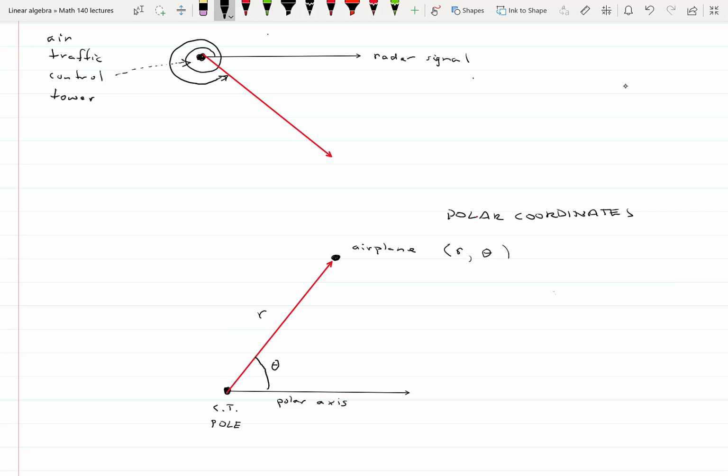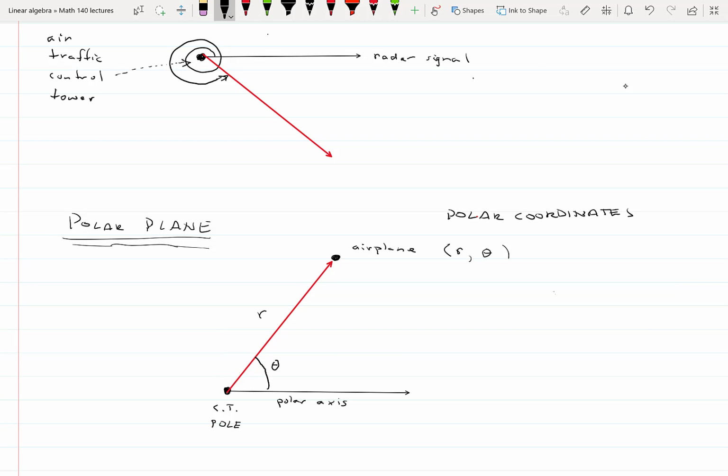And we state the distance r and the angle theta to locate points in what's called the polar plane. Okay, so the polar plane, it's the same as the xy plane, where we're using polar coordinates to locate points.